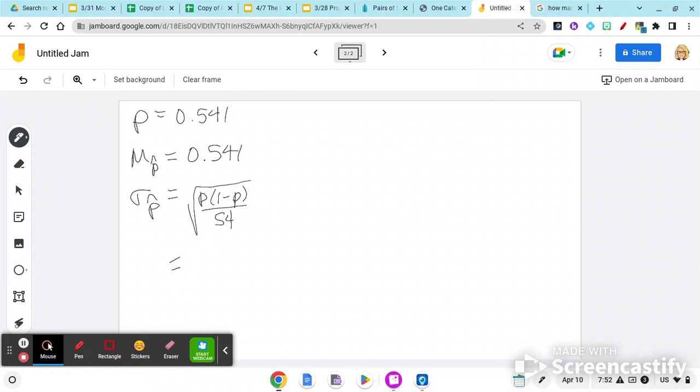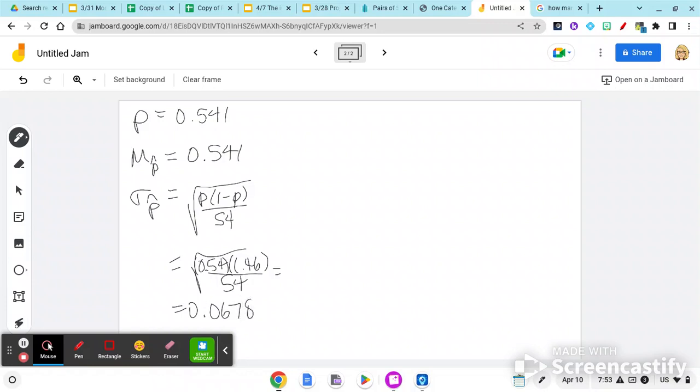So 0.54 times 0.46 all over 54, and then the square root of that whole thing. So I get a standard deviation of 0.0678. Let's just call that good.